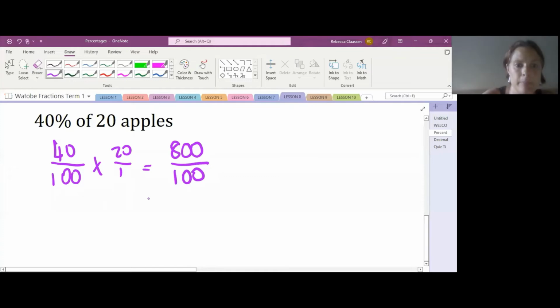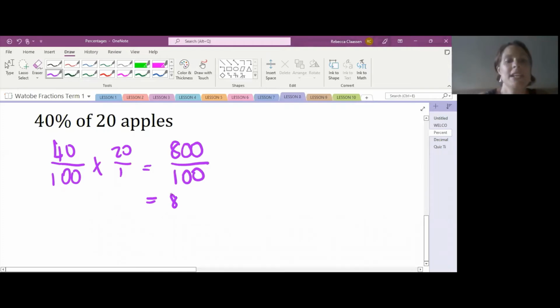Yep. Perfect. Then you divide the 800 by and the 100 by 100, which is 8 over 1, which also is just 8.